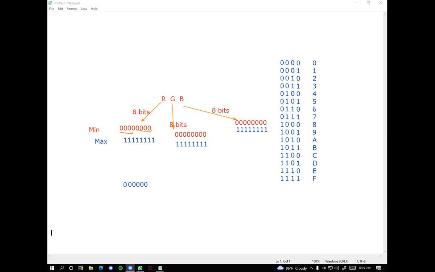So what will be the color? Yes, please think and tell. Come on. You can do this. If there is no red, no green, no blue, then what is the color?